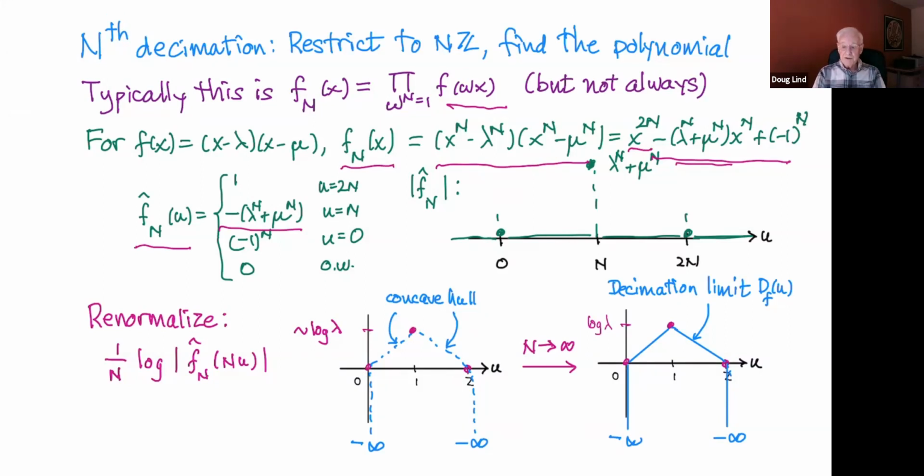And as n goes to infinity, if you take the convex hull of this, and you take a limit as n goes to infinity, you'll get a polyhedral function, which looks exactly like this. And the convention here also is that off of the support, where this function is 0, log of it is minus infinity. And so off of the support from 0 to 2, this function is minus infinity. So that's the decimation limit of this polynomial.